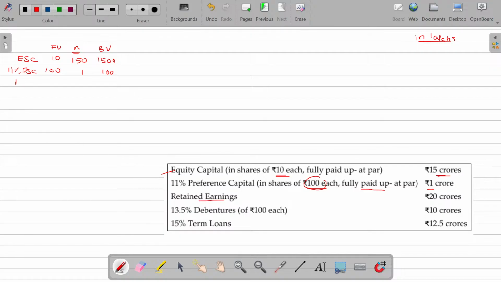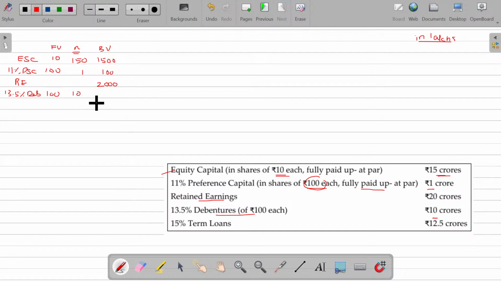Retained earnings 20 crores, otherwise 2,000 lakhs. 13.5 percentage debentures, 100 each. 10 crores divided by 100 each is 10 lakhs debentures, right?